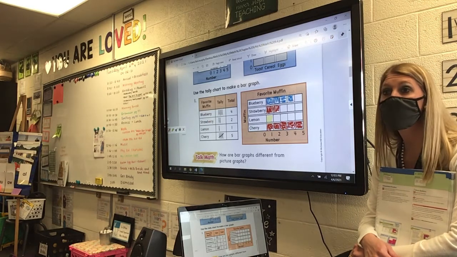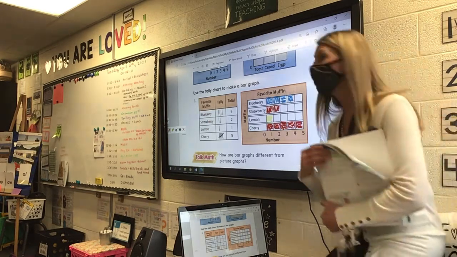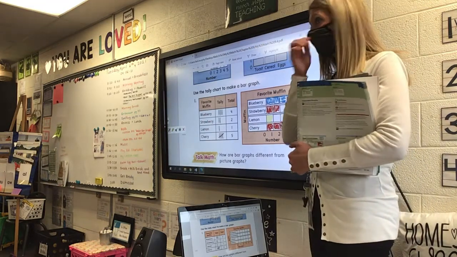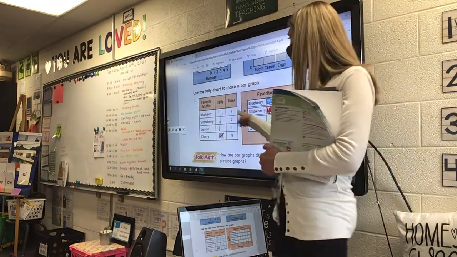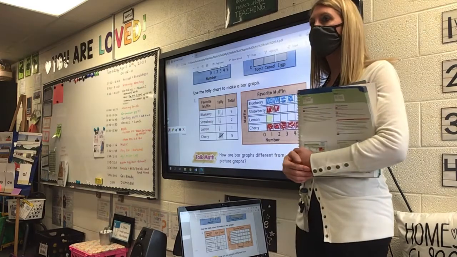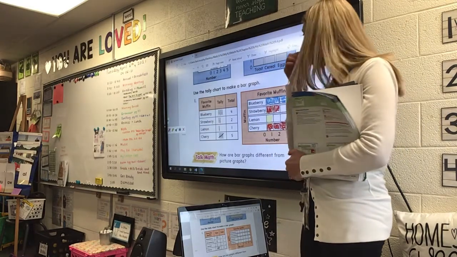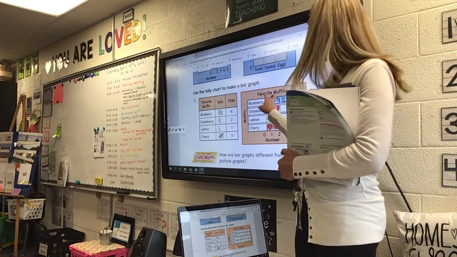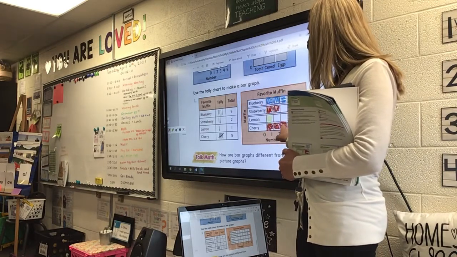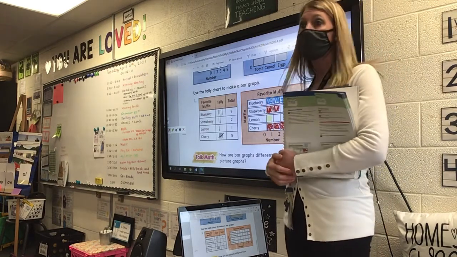Wow, how did you get that? What'd you do? Did you add, count the squares, or count the tallies? I count by 2s. You counted by 2s the squares. So you went 2, 4, 6, 8, 10, 11, 12.